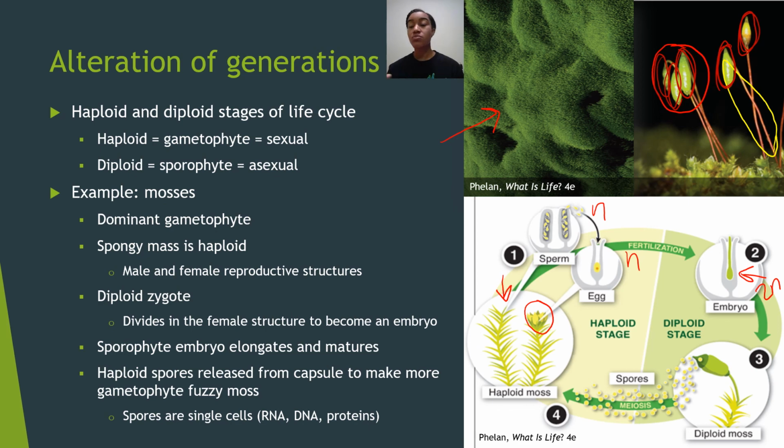Then once ready, the capsules will release the spores into the environment, and they will anchor somewhere in some soil. And as long as it's moist and the environment is favorable, those spores will germinate into more haploid moss, which looks like this fuzzy green moss.